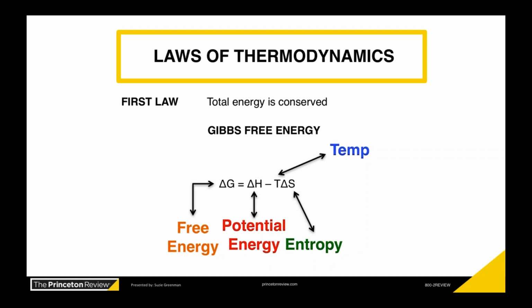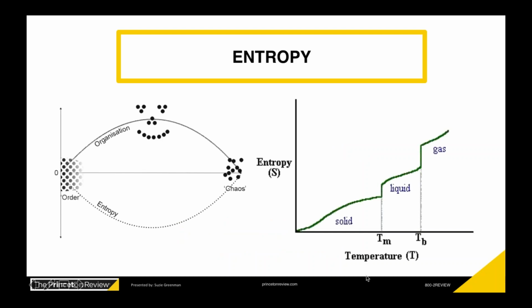So entropy, 10 bucks says all of you are going to say randomness or chaos. But what does that mean? Or disorder. So it means we're talking about the organization of the molecules. So order meaning we have this lattice structure over here, the maximum order, right? A salt crystal or an ice crystal, versus chaos, where we are in the gas phase, where everything's just bouncing off each other and there's no order whatsoever.